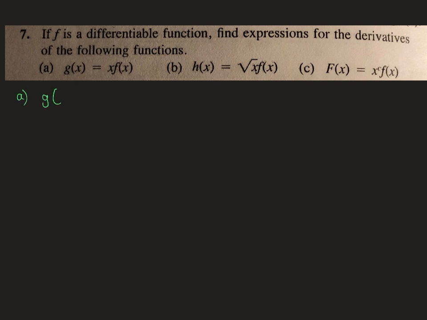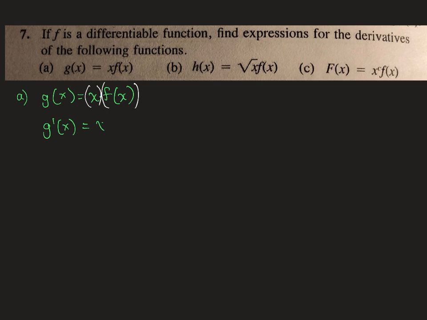We're given g of x equals x times f of x. All right, so what I'm seeing here is that we have product rule because we have something with x multiplied by something with x. Just the second thing is a little more generic. So if we're going to do the derivative, we take the derivative of g of x, which we'd write as g prime of x. And then on the right-hand side, we're going to have to use product rule.